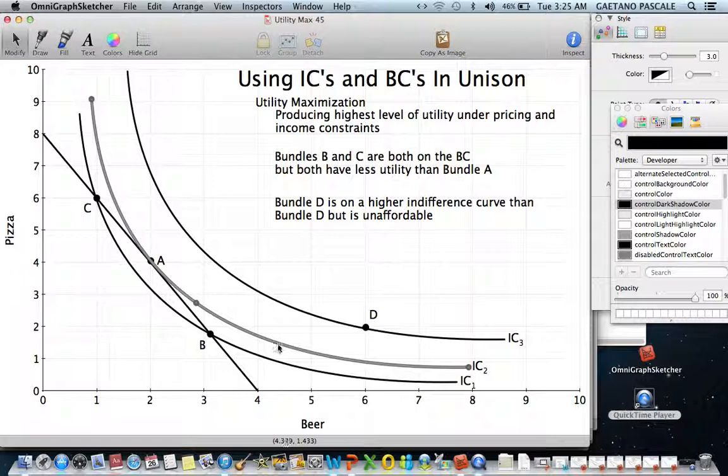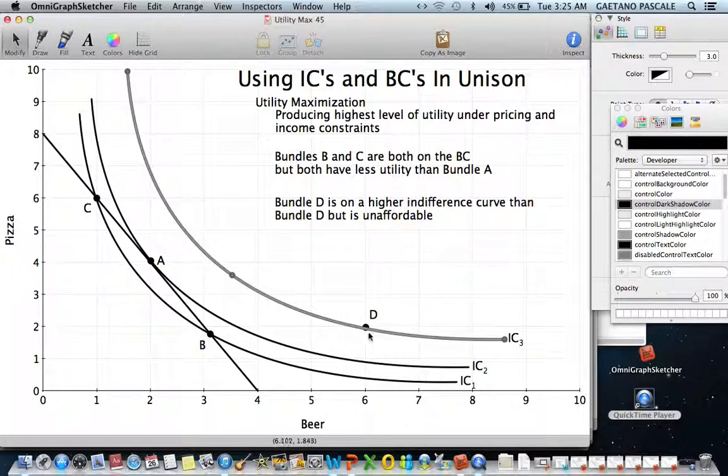Because it is tangent to a higher indifference curve. Here we have a lower indifference curve. The utility associated with B and C is less than the utility associated with A, because A is on an indifference curve that's further away from the origin. Therefore, this person is maximizing utility relative to B and C because they are spending the same amount of money, but they are generating higher utility because of that spending.